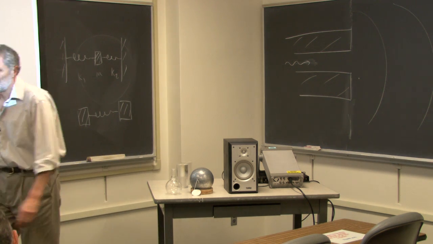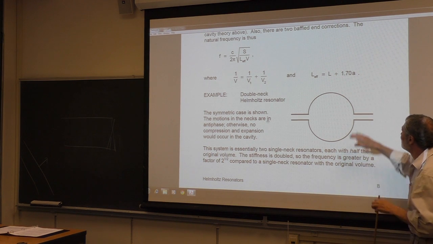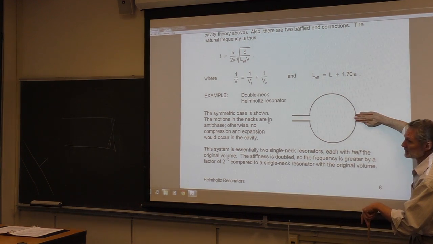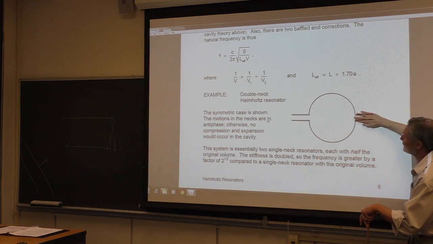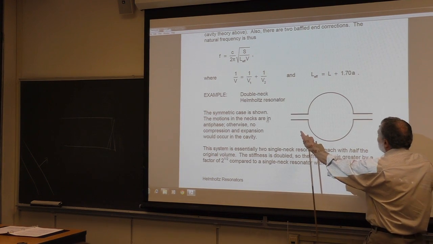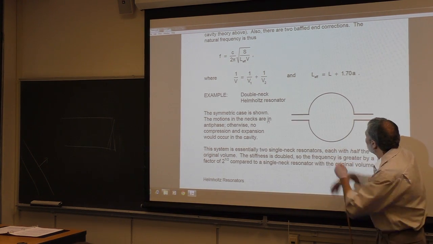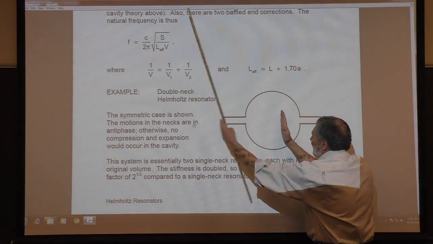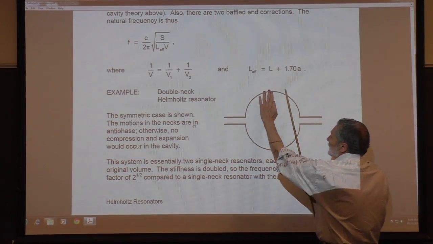And the easy way to see it here is you can compare this case to this case. So here it's closed off, right? This is going to have a certain frequency. How does this case differ from that? Well, imagine a boundary right here. I see a Helmholtz resonator here. I see the same Helmholtz resonator here.